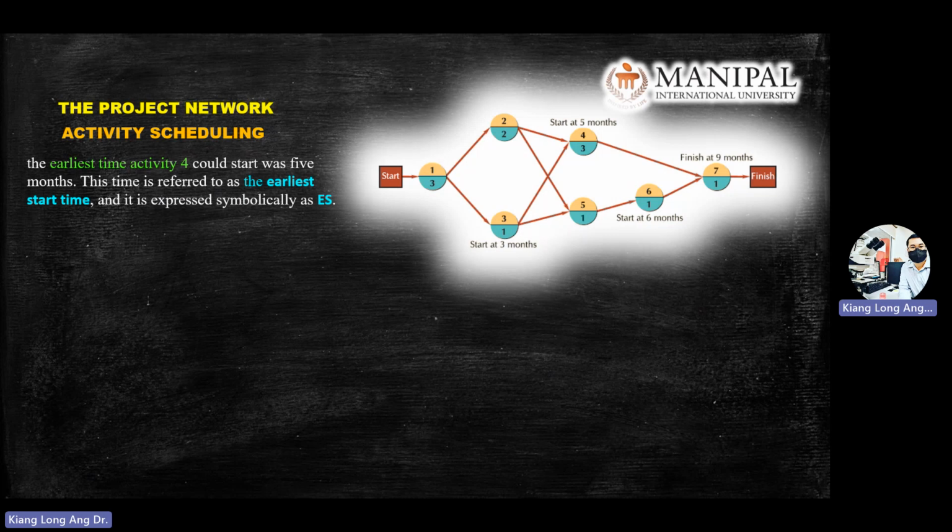The earliest time for activity number 4 is that you need to wait 5 months if we count from the start point: 1, 2, until 5. 3 plus 2 is 5 months. So this time is referred to as the earliest start time. We use a short form called ES. For activity number 4, your ES is 5. For other activities, it's other numbers. So the first short form is ES, earliest start time.